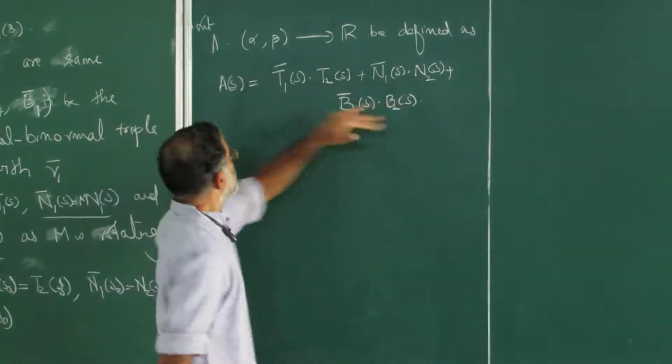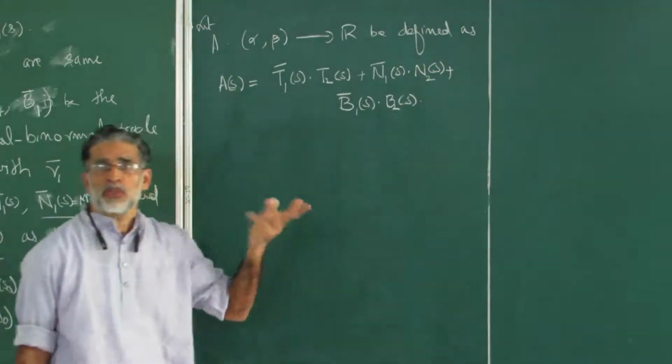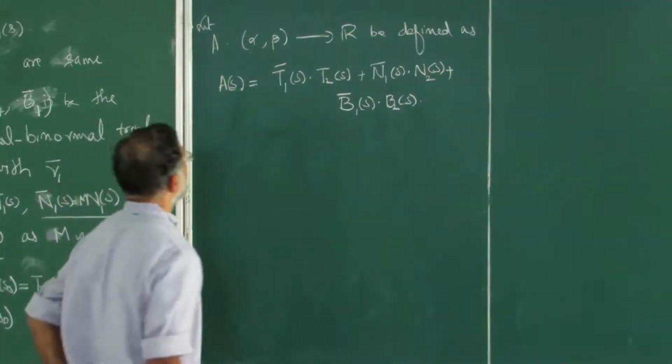So the right hand side is smooth. In other words, A is smooth.